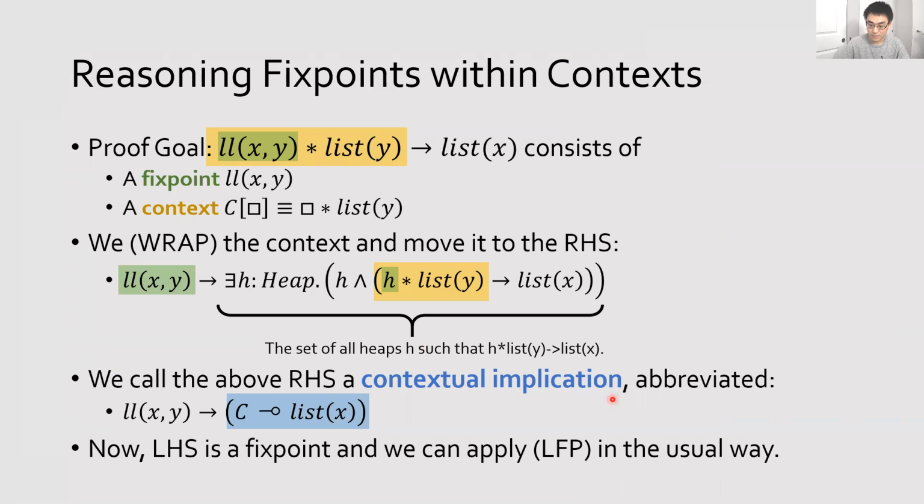And using that, we can rewrite the proof goal into this. LL of XY implies C contextually implies list of X, where C is the yellow context in which the fixed point occurs in the original left-hand side. After the application of the wrap rule, the left-hand side becomes a standalone fixed point, and we can apply the proof rule LFP in the usual way.